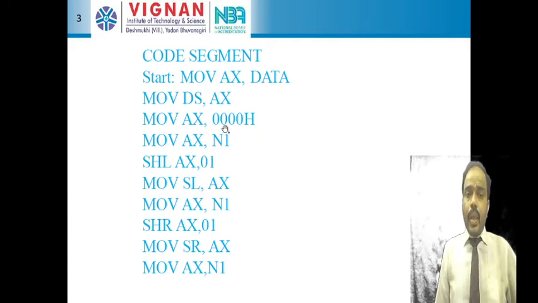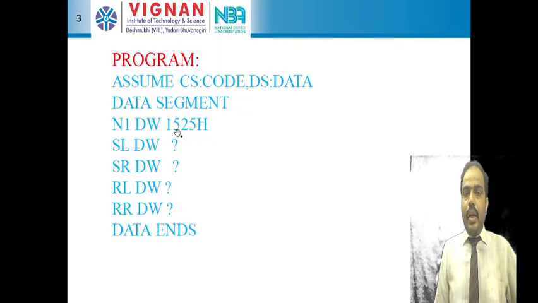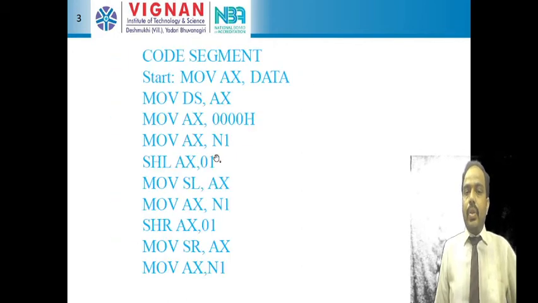Now, from the memory location N1, which I have already allocated, I have given the number also. So that number 1 is moved to the AX register: MOV AX, N1. Then I am going to perform the shift operation: SHL AX, 01. This 01 means shift the content of the AX register bitwise left one time.